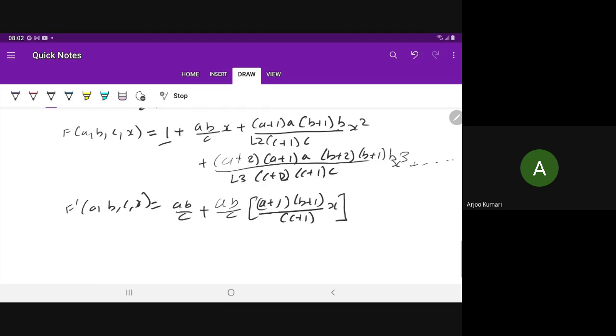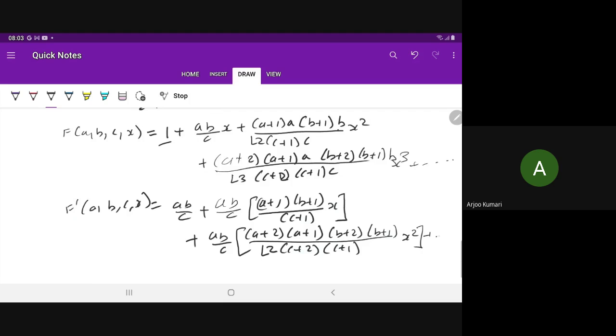Then the derivative of the next term is ab upon c, with a plus 2, a plus 1, b plus 2, b plus 1 upon c plus 2, c plus 1. The derivative of x cube is 3x square, and 3 and 3 cancel out, so here we have factorial 2, x square, and so on.